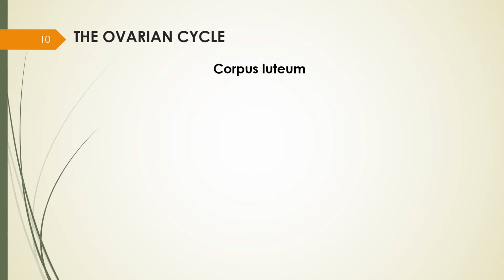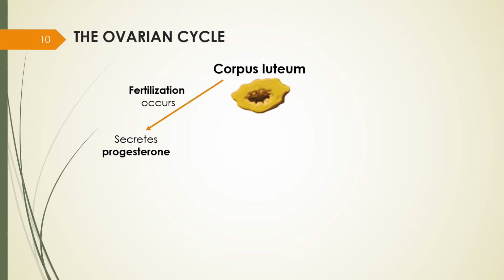Now, what happens to this corpus luteum? There are two possibilities, okay? If I have a fertilization, so if my ovum meets a sperm, my corpus luteum will secrete progesterone. My ovary will secrete progesterone.